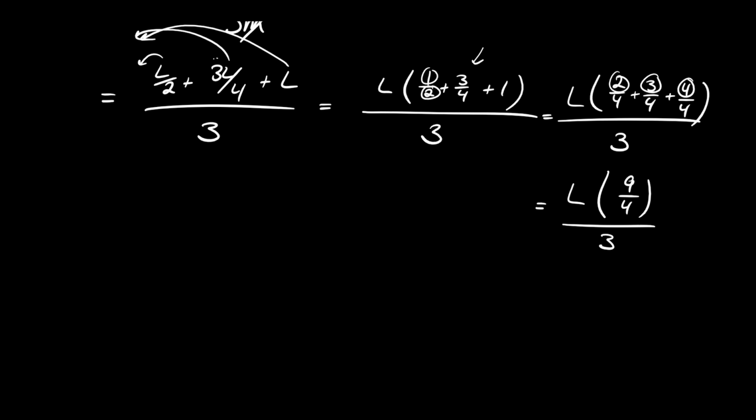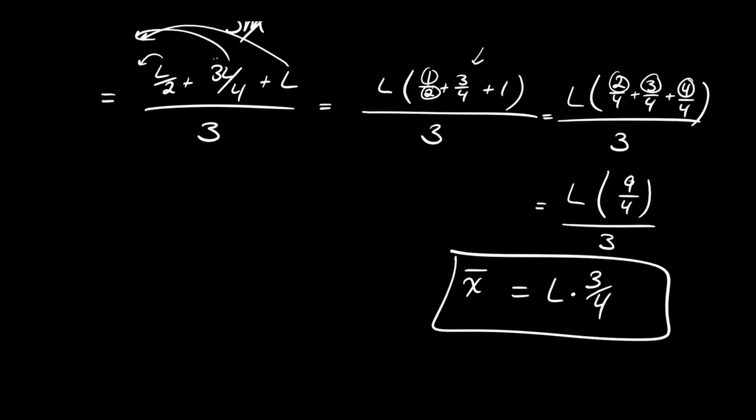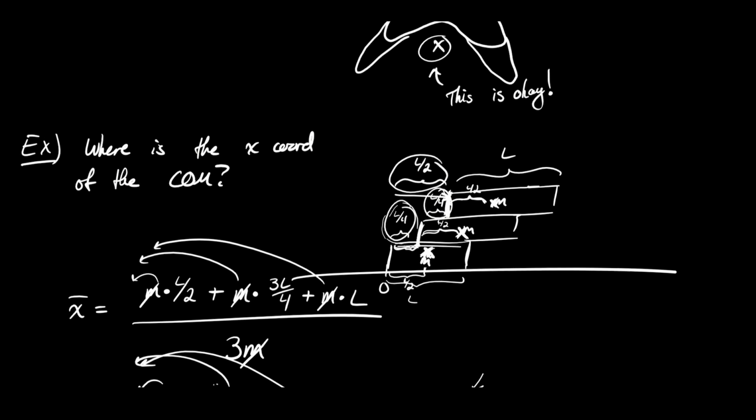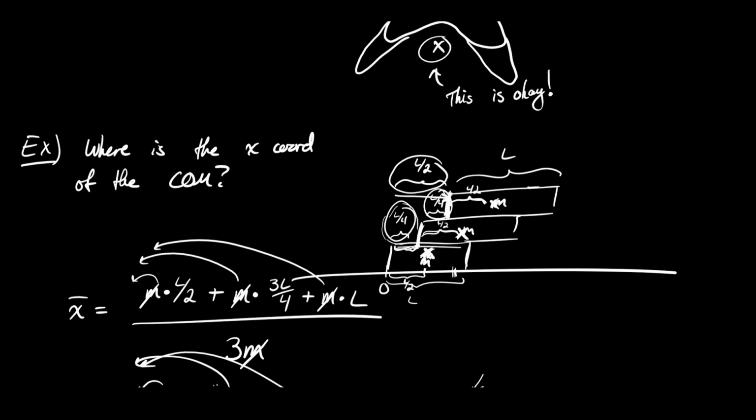And then 9/4 divided by 3, that cancels one of the 3's in the 9. So I get that the center of mass is located at 3/4 times L, which sort of looks reasonable, right? It's somewhere generally like over here, more or less in the center of where the bricks are placed left to right.